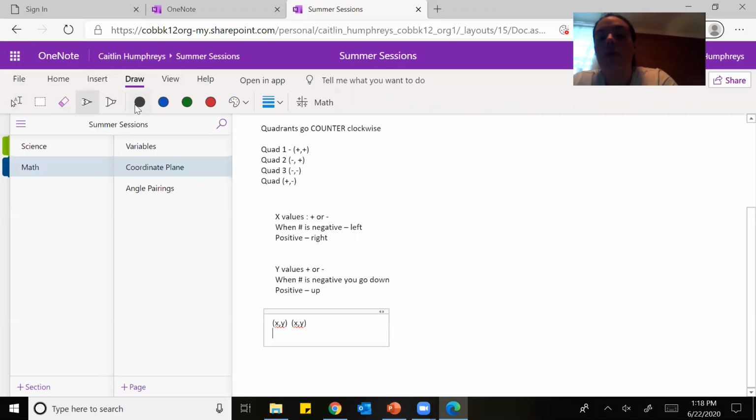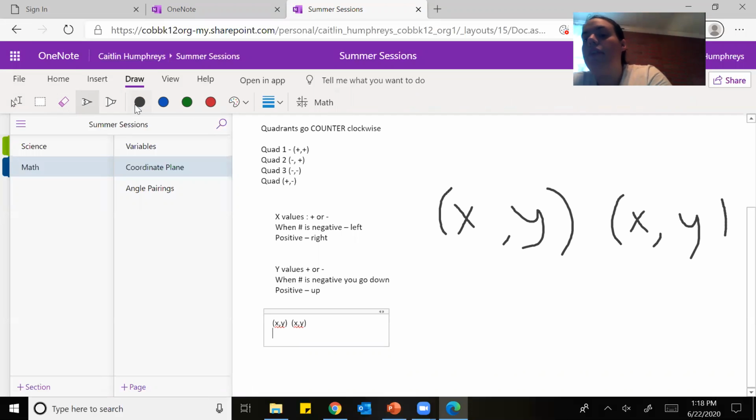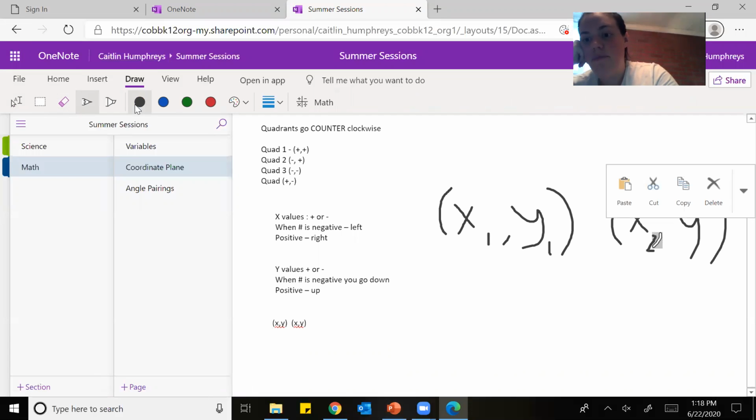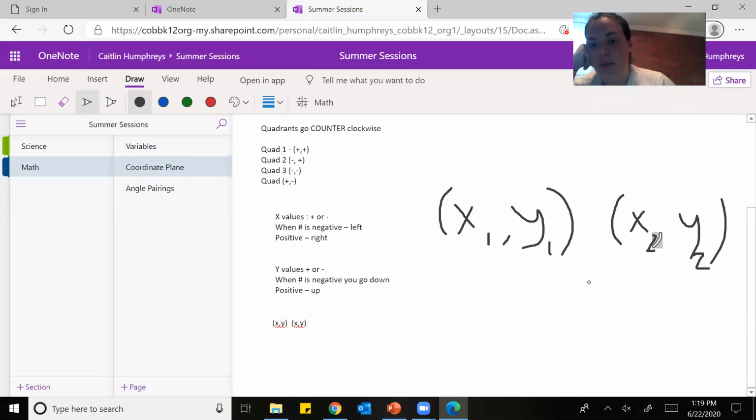Okay, so we're going to have x and y, right? And then x and y. Well, these two things go together. You can't just be mixing them up. So the way that we tell you what they are is this subscript. There's a number underneath it that indicates that it's part of that situation.